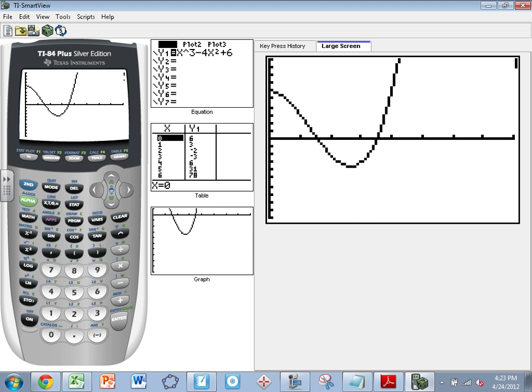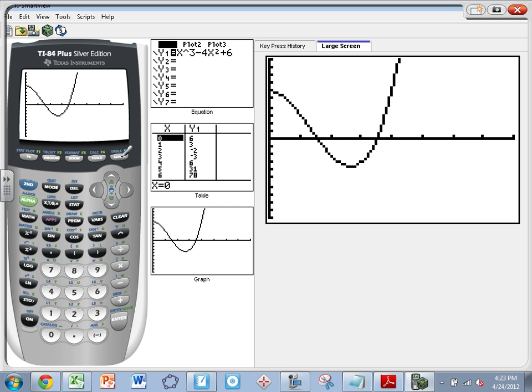So take a look at our function here. Clearly, if this is the derivative, this is the graph of f prime. Negative when it's under the x-axis. Very good, Kenny. So from here to here, f is decreasing because the derivative is negative. Again, this is the graph of the derivative.